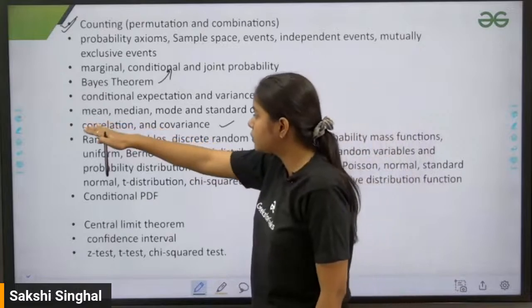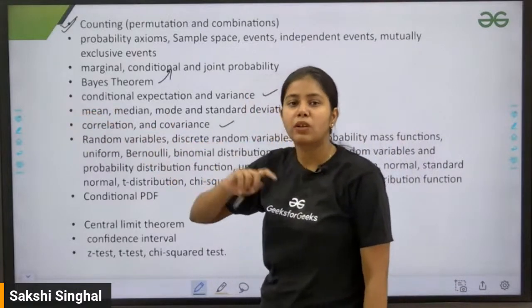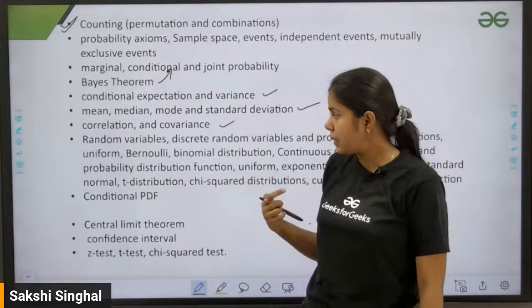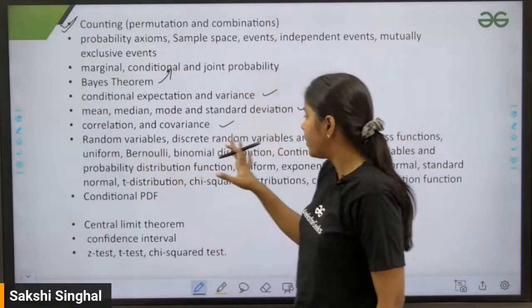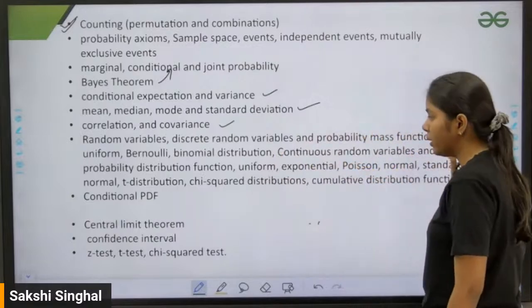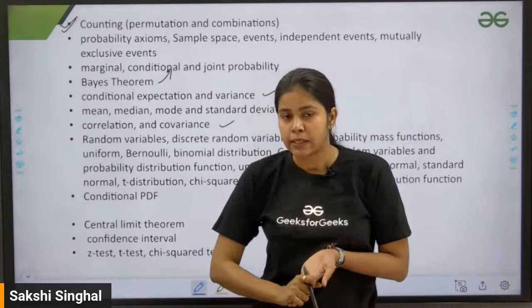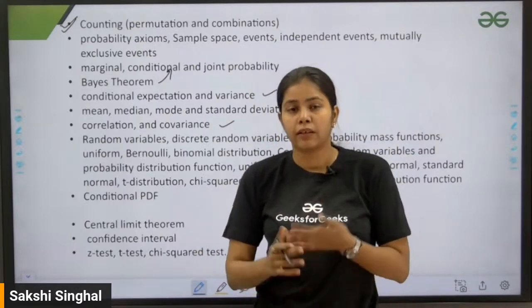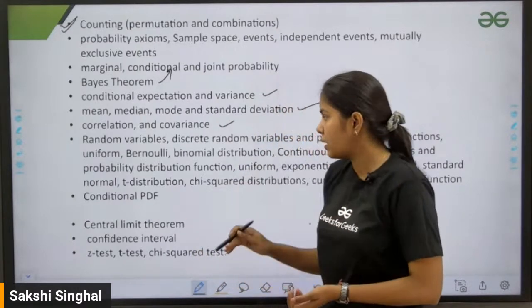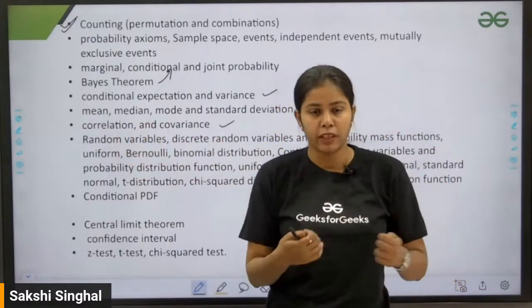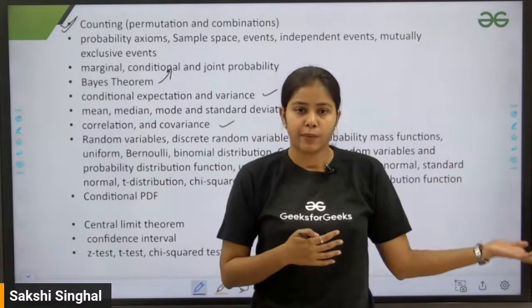I have taken these two as different topics because I'm going to cover them in individual classes. Next is random variable, discrete random variable, and probability mass function. Students who have studied mathematics or basic probability have studied random variables, discrete and continuous random variables, and types of distribution.